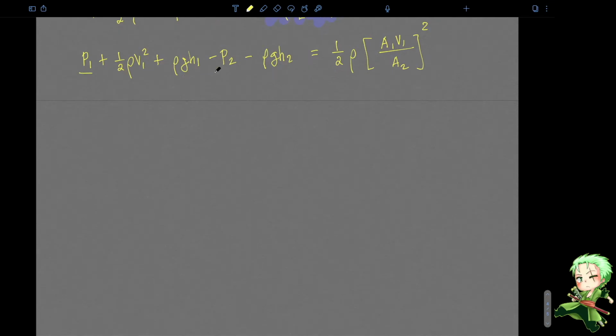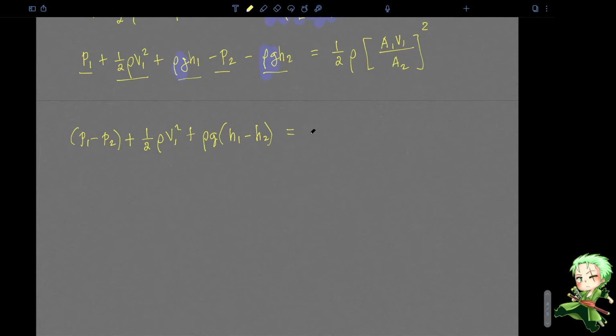After that, I will be combining like terms. I will combine P1 and P2, so I will have P1 minus P2. Since this is a lone term, it doesn't have a similar term, so I'll just copy that: 1 half rho V1 squared. And then these two terms actually have a common factor, rho and G. So I am going to factor out rho and G. What is left is H1 minus H2, because this is negative here.